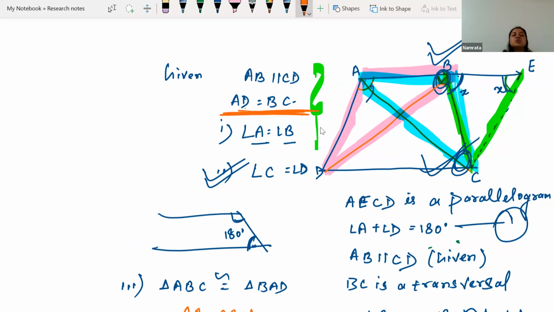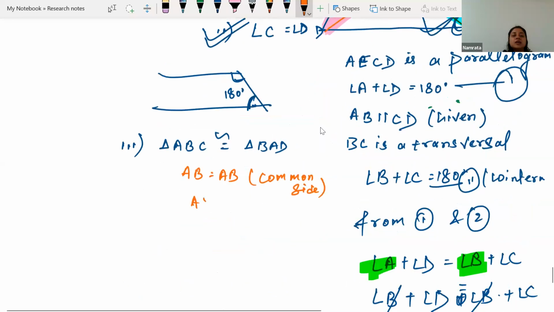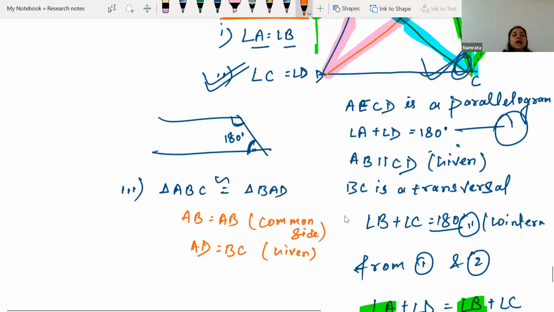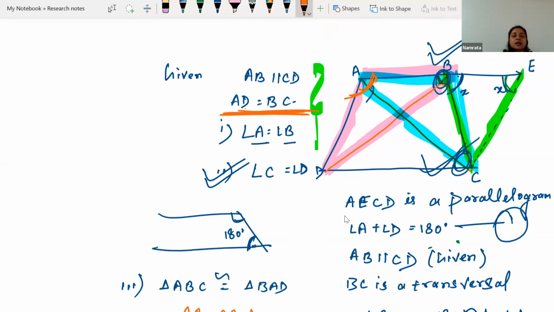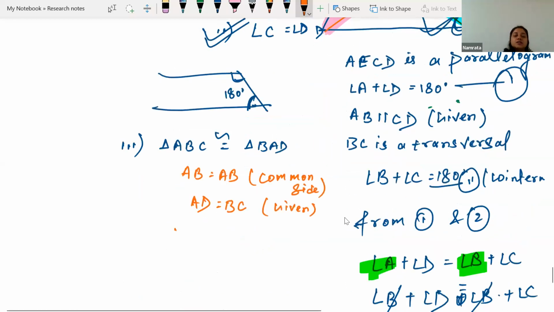Pink triangle is having angle A, the total angle A, and sky triangle is having total angle B, which we have already proved as the same in the first part. Let's use that. Angle B of ABC, the sky triangle, is equal to angle A of the pink triangle, BAD. Already proved in the first part.